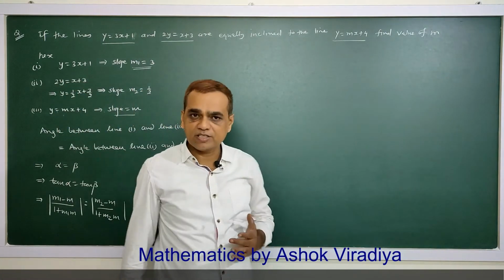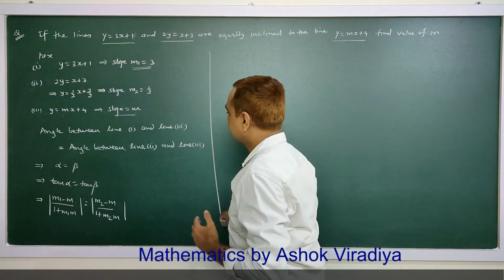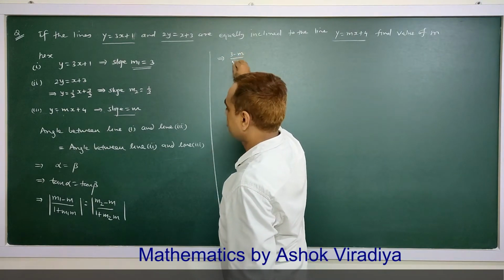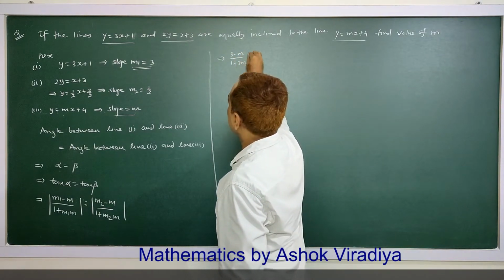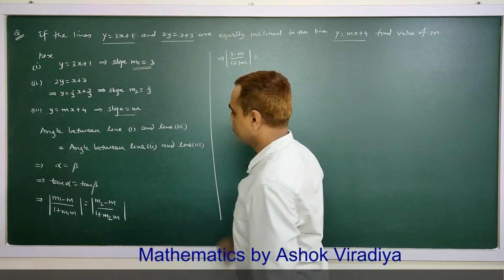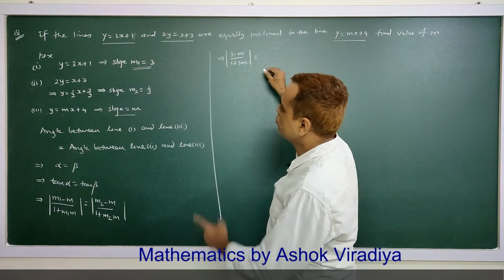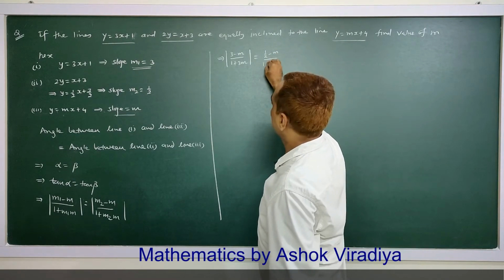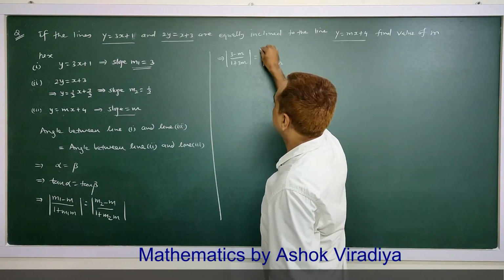So this implies, now m1 is 3, so 3 minus m upon 1 plus 3m equals, m2 is 1 by 2, so 1 by 2 minus m upon 1 plus 1 by 2 m.